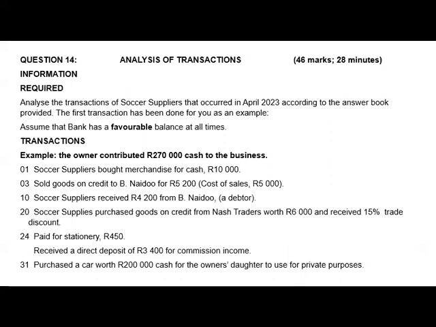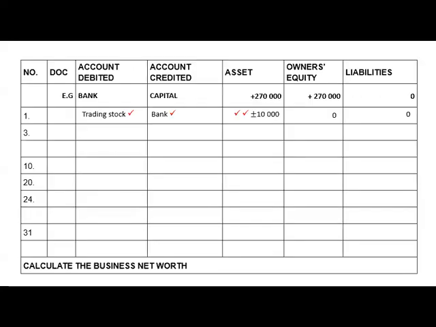On the third, we sold goods on credit to B90 for 5,200. That 5,200 is the selling price, and the cost price is 5,000. The sale of goods on credit affects 4 accounts. Let's start with the first 2 accounts. What are they?